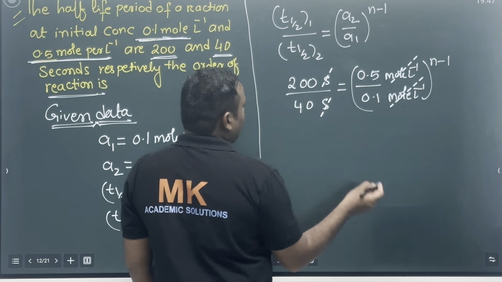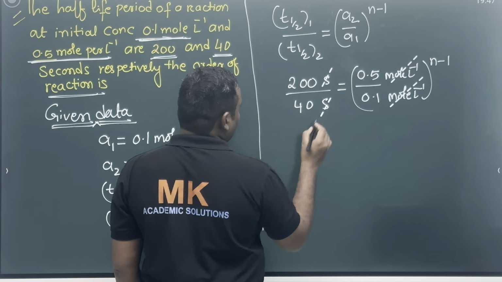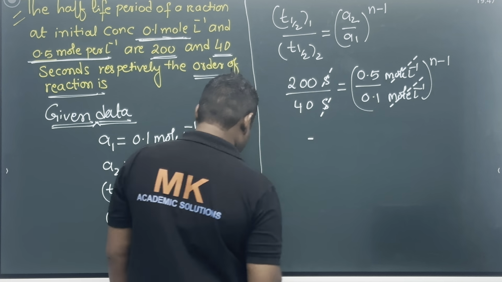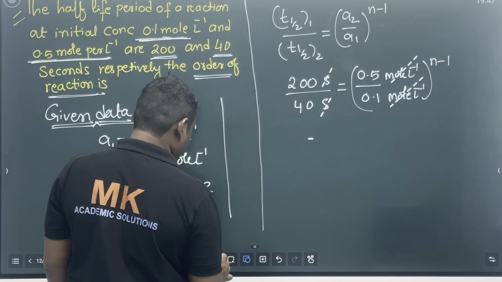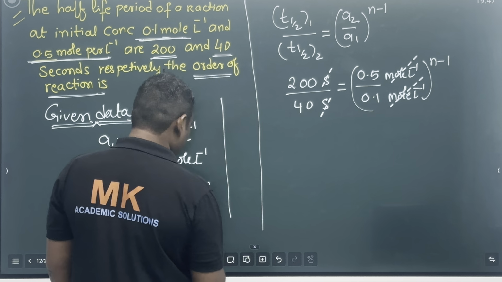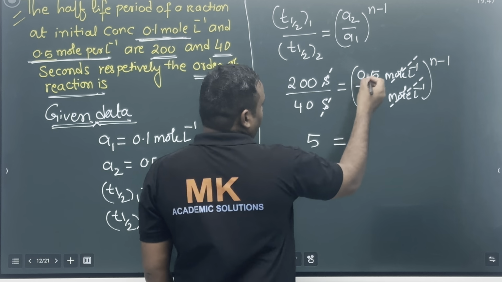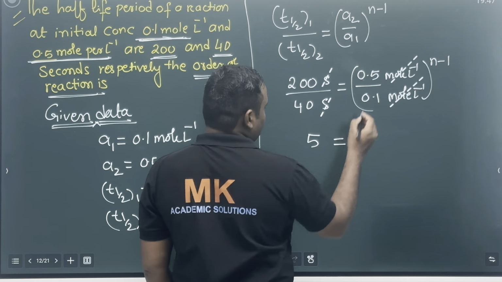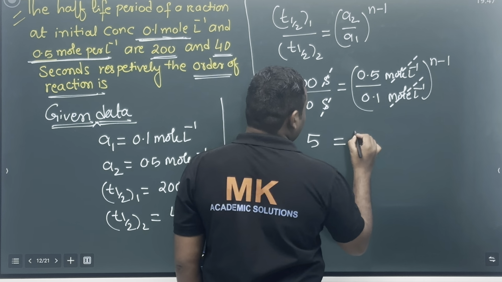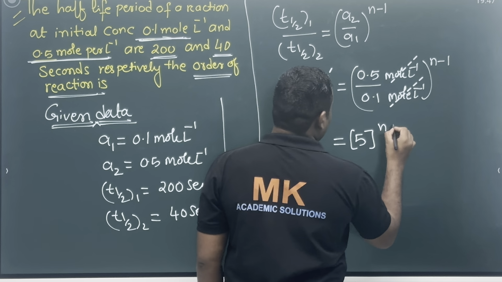Okay, so what will we get here? 200 by 40 means 5. That is equal to 0.5 by 0.1, which means here also we will get 5, whole power n minus 1.